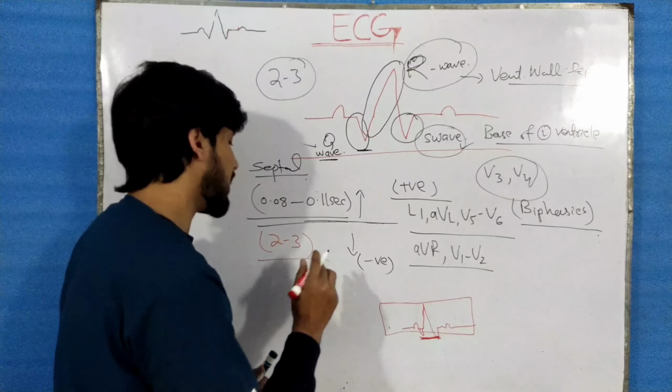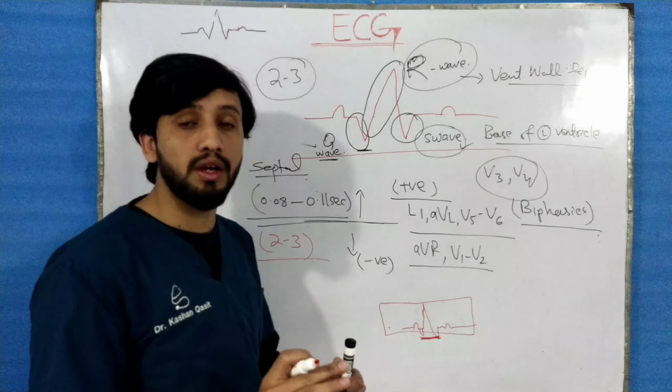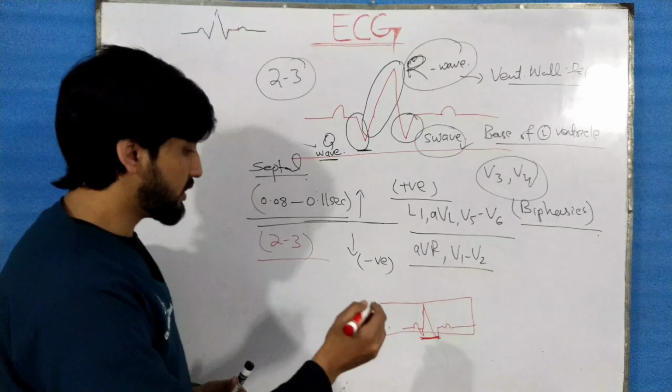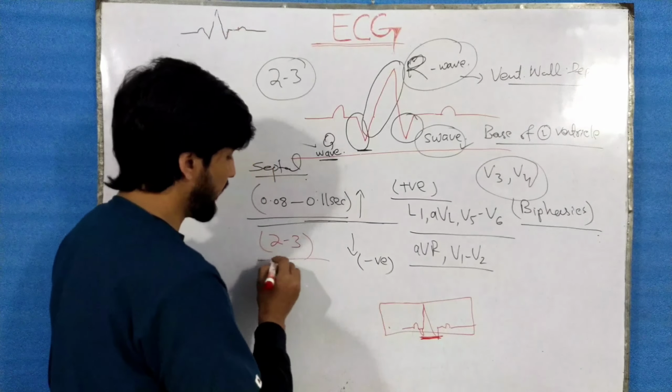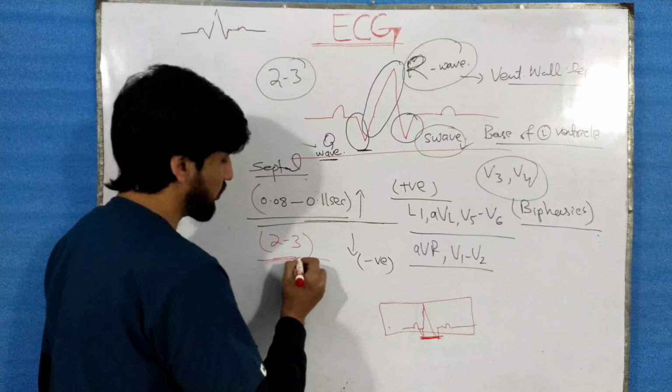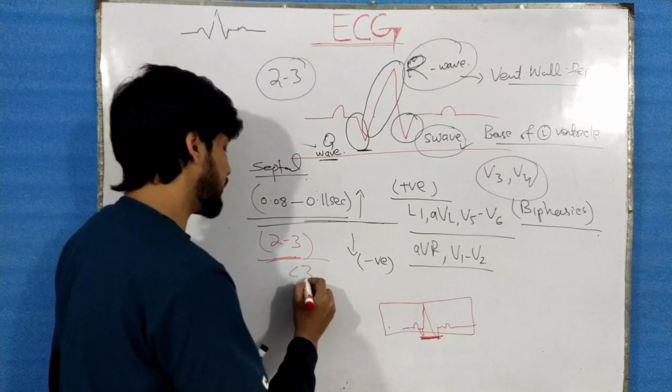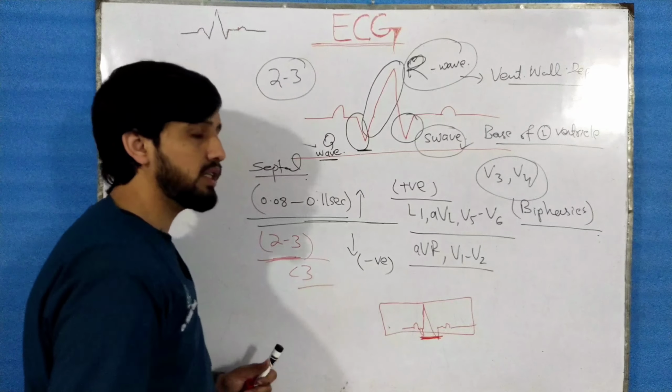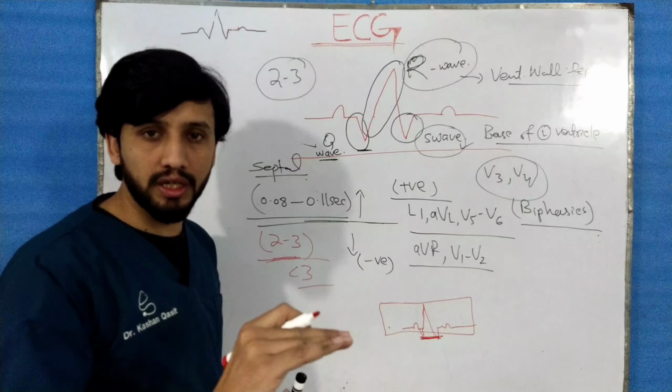We have discussed the small and large square boxes on an ECG in the previous lecture. So this is the width of QRS complex, and it is between 2 to 3 or less than, you can say that it is less than 3 small square boxes in the horizontal direction.